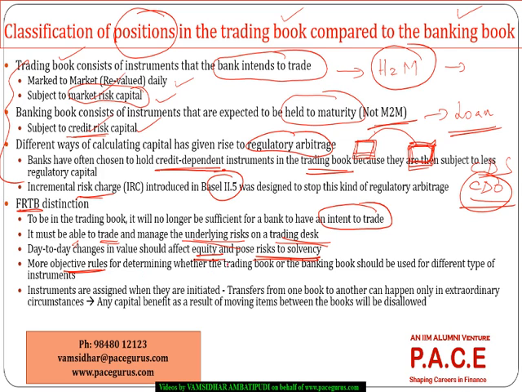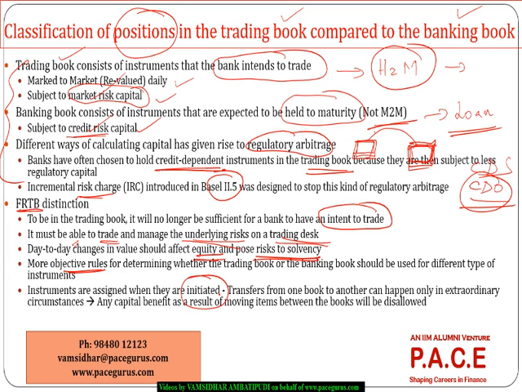And more importantly, the instruments are assigned when they are initiated. So when a particular instrument starts its existence, that is when it will be classified into either the banking book or the trading book. After that, if we want to change from one book to the other, the rules are very, very stringent.